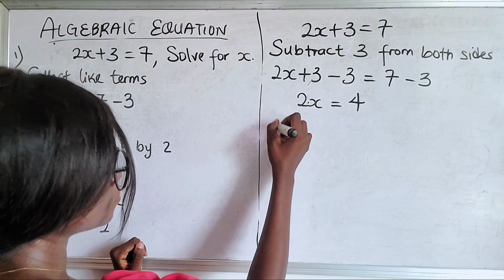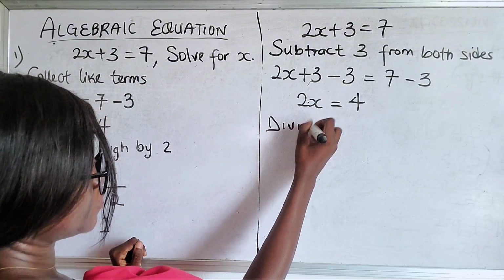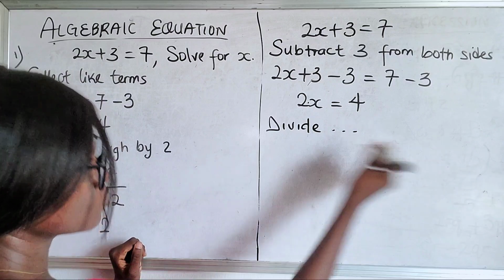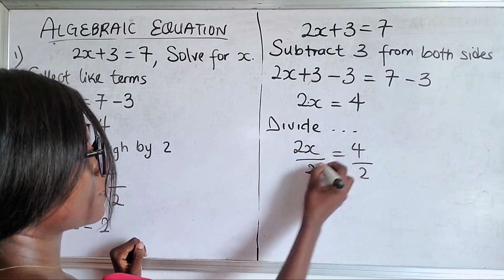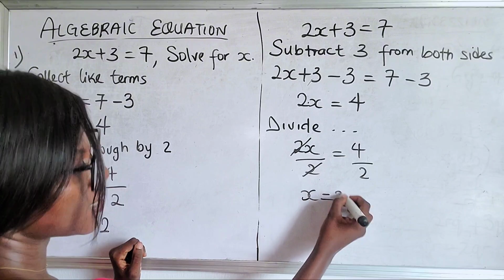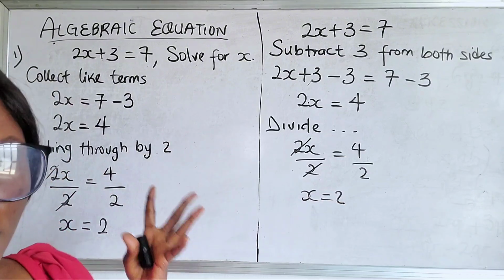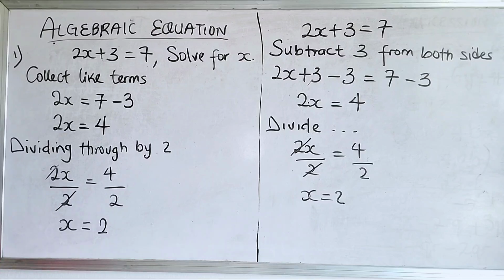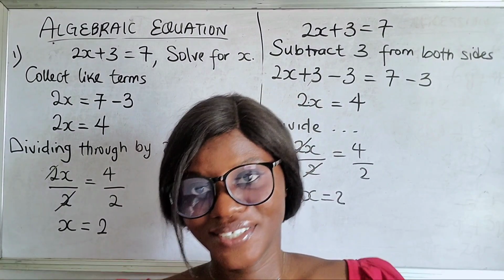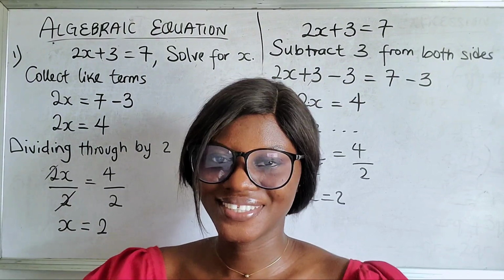Dividing through by 2, you have this. And then checking, you could choose method 1 or method 2. You can let us know what method you prefer in the comment section. We'll be solving more examples so you can understand what we're doing.